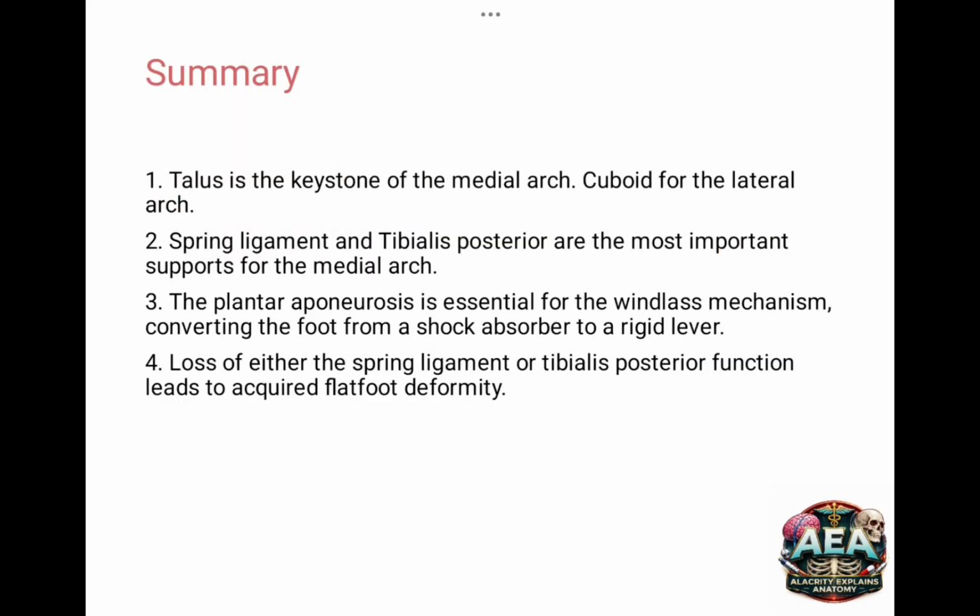So in summary, you know that the talus is the keystone of the medial arc, the cuboid is the keystone of the lateral arc, and the spring ligament and the tibialis posterior are the most important supports of the medial arc.